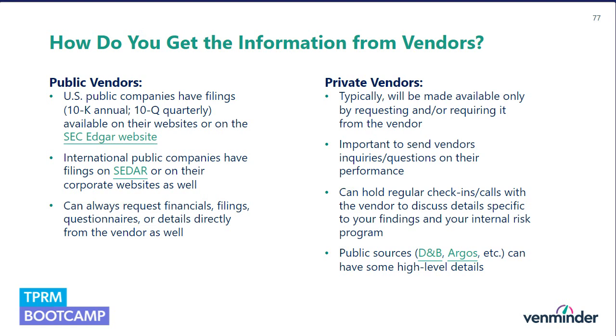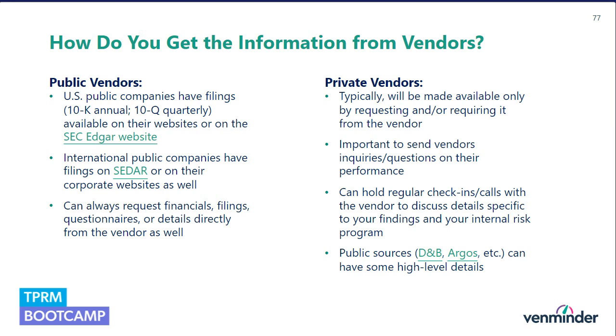On the private side, it's typically a bit more challenging and a bit more of a variety across a continuum as it pertains to requesting and getting information. You'll typically only get the details when you request it or require it from the vendor, and you'll have to do a good job of trying to add some consistency in the request to get it, or adding some language within your contracts to maintain this and also have the vendor provide this as part of their contractual process.